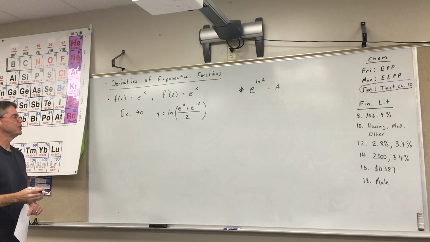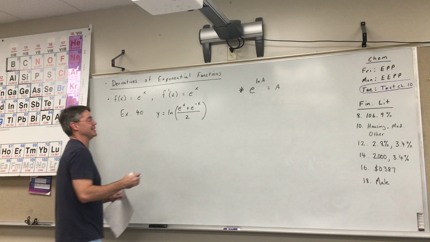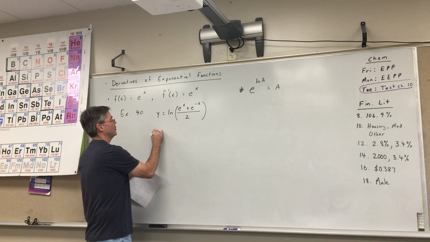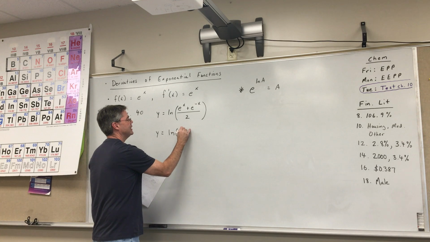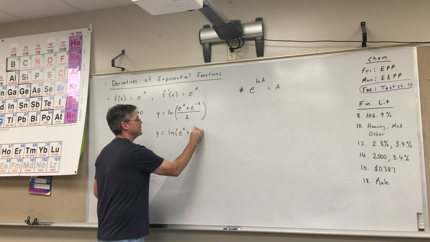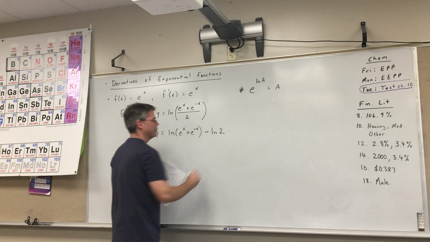Well, it's going to be a lot easier to take the derivative of this if we can rewrite this as a difference instead of a fraction. So let's rewrite it as y is equal to the natural log of e to the x plus e to the minus x minus the natural log of 2.